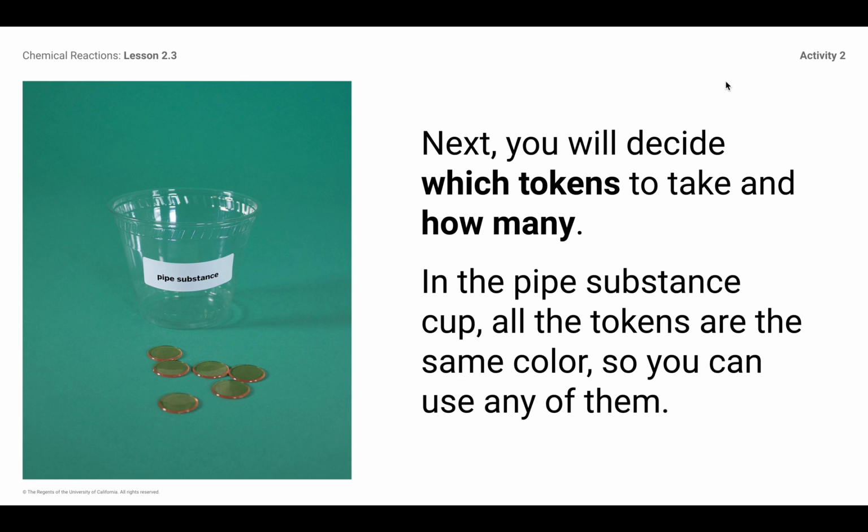The pipe substance is made from iron, and that is a pure substance. We know that a substance is made of 2 or more atoms, so you can't just have one token. You have to have at least 2 of them.